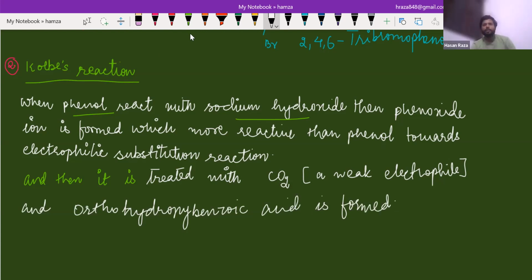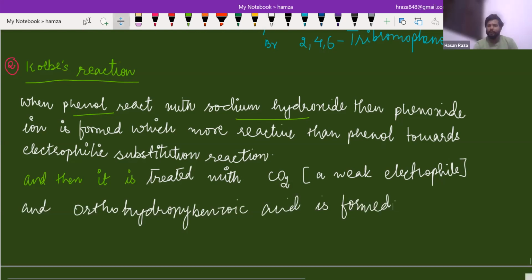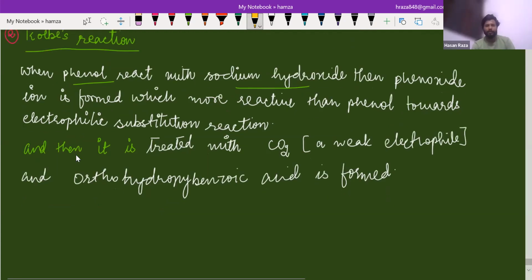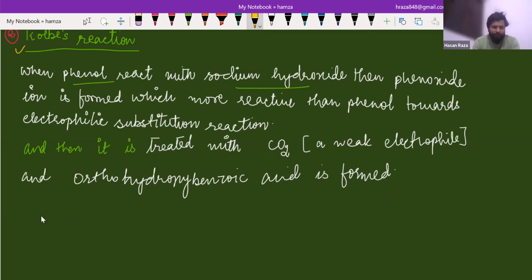So it's very simple to write the reaction after reading this complete sentence about Kolbe's reaction, that we have a phenol and phenol is going to be treated with sodium hydroxide. So you are going to write NaOH here.